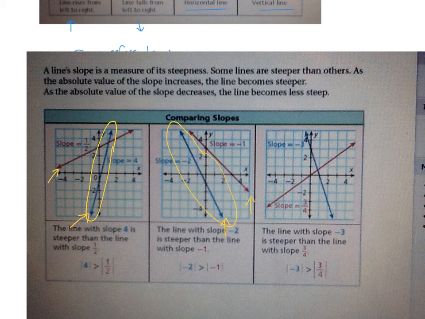This one, so that one's steeper. Same thing with these. If we compare this one and this one, the one that's going to be the most difficult to bike or climb is this one, so it's the steeper slope. So they have you compare slopes. They make you find the slopes and then find the absolute value, but you can visually see those.